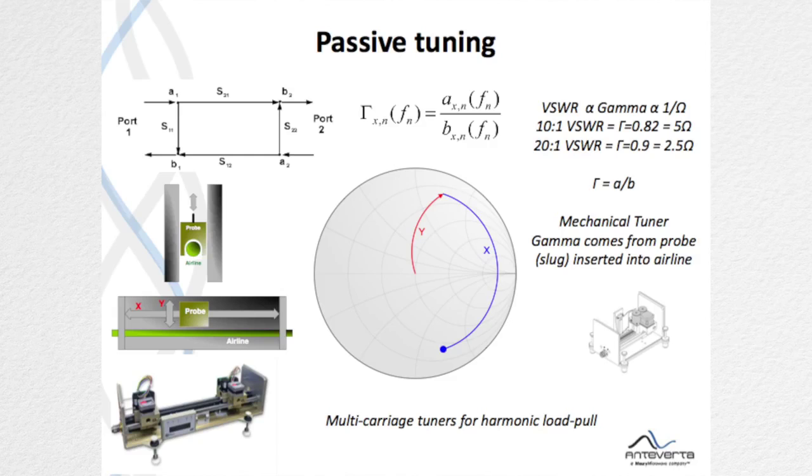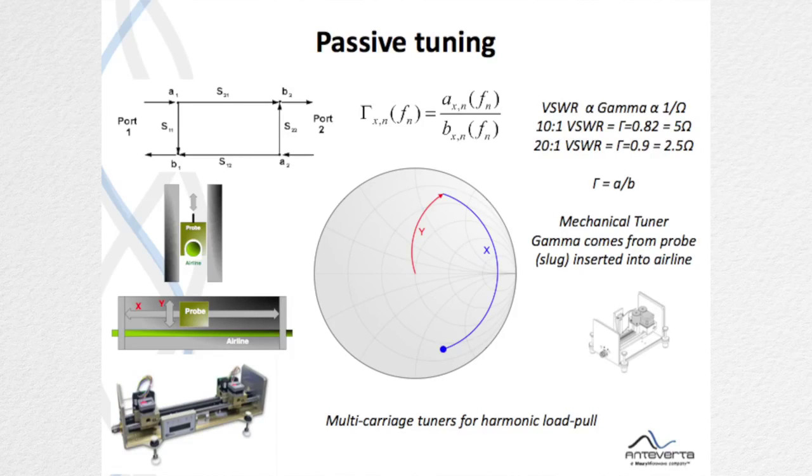And here you find some numbers, just to give an idea, when you look at tuner manufacturer specifications, of what you can achieve in terms of gamma and impedance. You can use passive mechanical tuners to do harmonic tuning. In this case, you cascade either 2 or 3 tuners to tune fundamental, second, and third, or you can have tuners with multiple carriages inside the tuner.